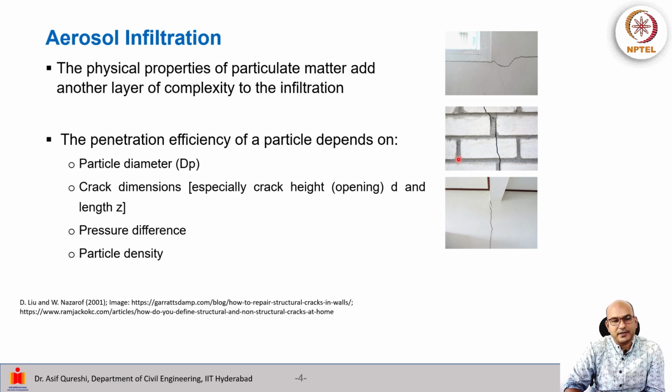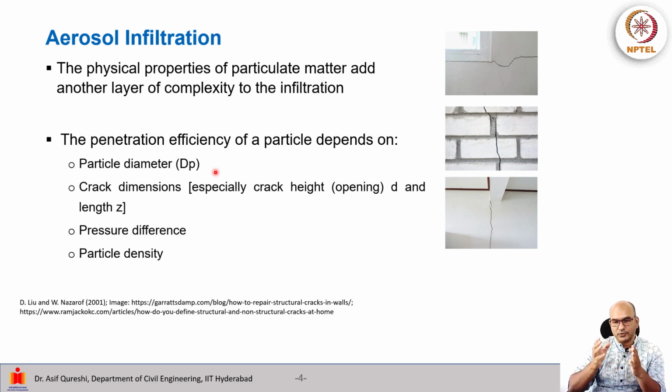The penetration efficiency of a particle will of course depend on how big the particle is, and we will show some graphs on that. So how large is the particle in terms of diameter? What are the crack height and length? That is, how much opening is available for the particle or pollutant to pass through, and how long the particle has to travel.